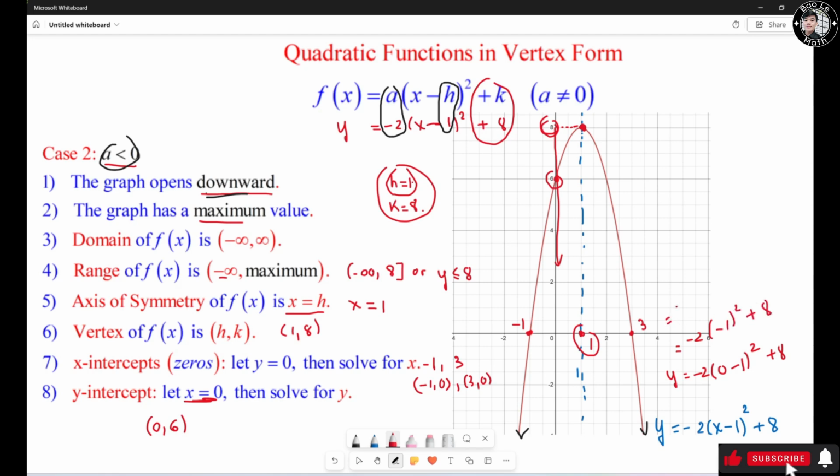Negative 1 squared is going to be 1, so it's negative 2 times 1, which is negative 2, plus 8. So it's going to be 6. And that is the y-intercept.